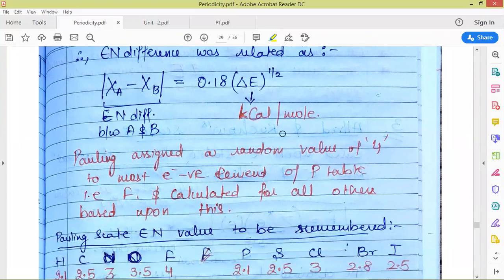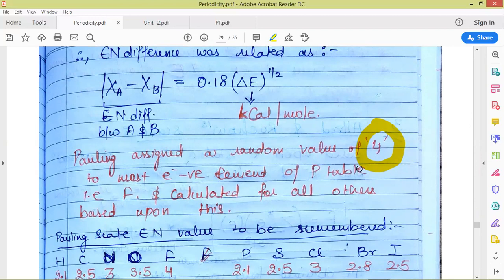Based upon this equation, Pauling assigned a value of 4 to the most electronegative element of the periodic table, that is fluorine. With this value he found the corresponding values of different elements of the periodic table.